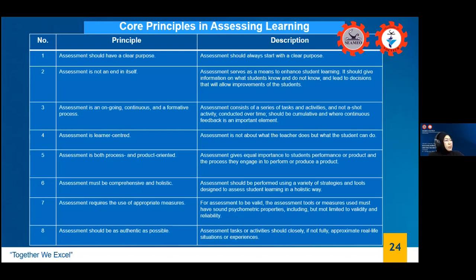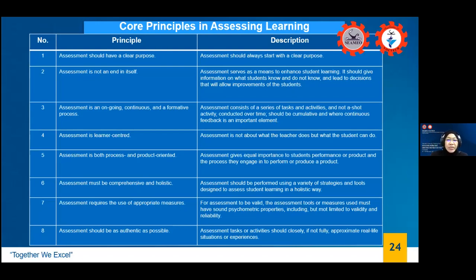You would request them to demonstrate how to install air conditioning, and then you will observe how they are installing air conditioning. You have a checklist that you use in assessing that, while the student is demonstrating, he can install air conditioning according to the requirement of the air conditioning industry.